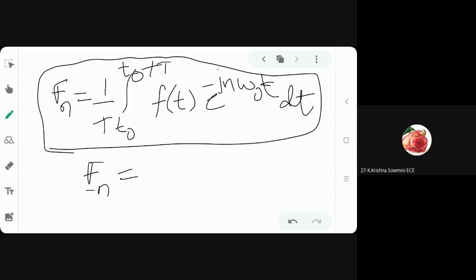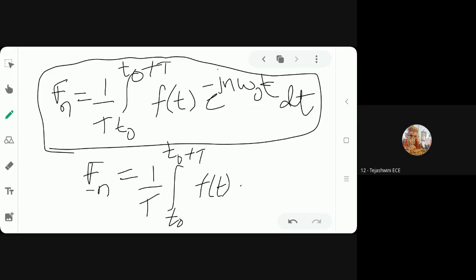Are you following? Now if we put minus n in place of n, what is the formula for f minus n? F minus n is equal to 1 by T integral t naught to t naught plus capital T, f of t e power j n omega naught t dt. Minus n becomes plus n. So this is f minus n.